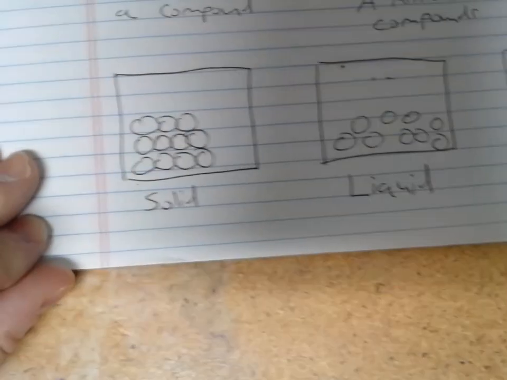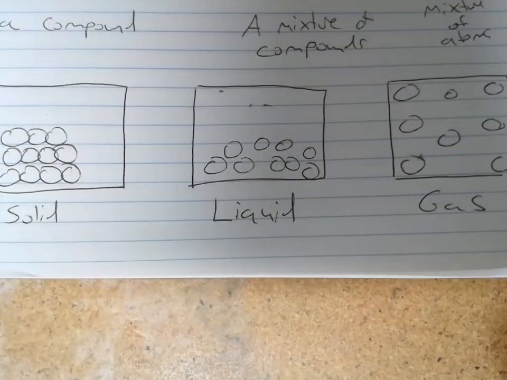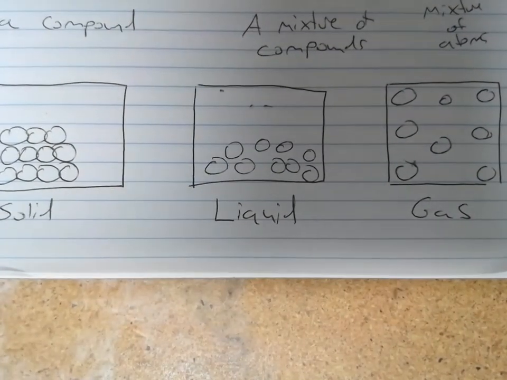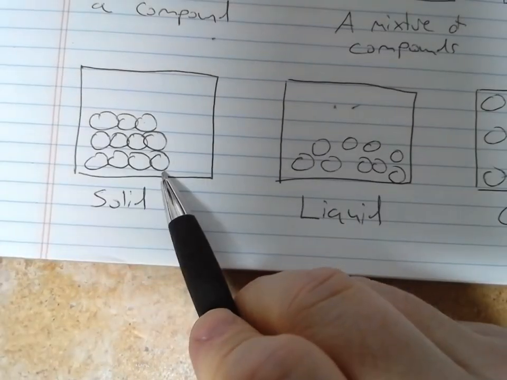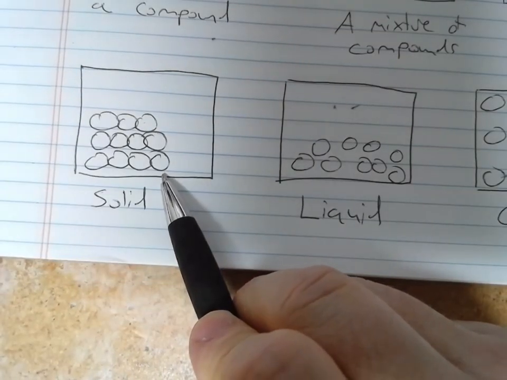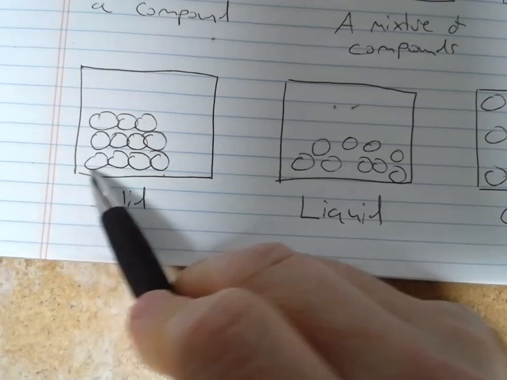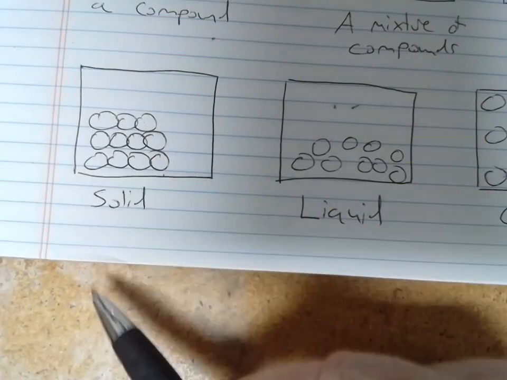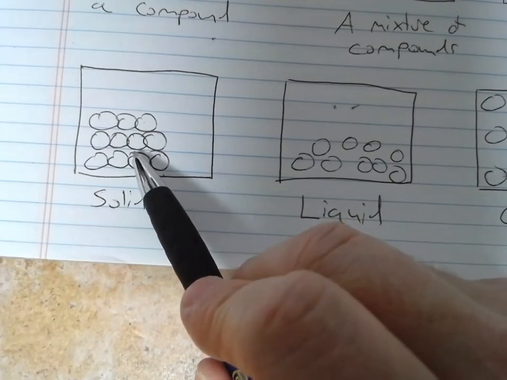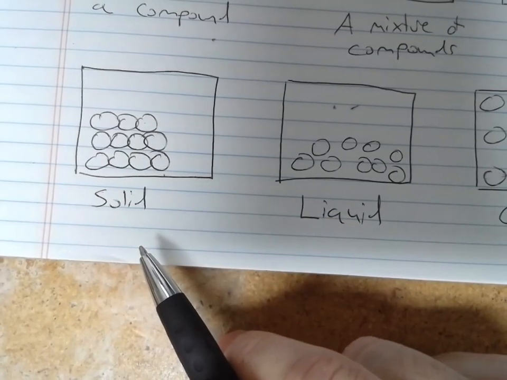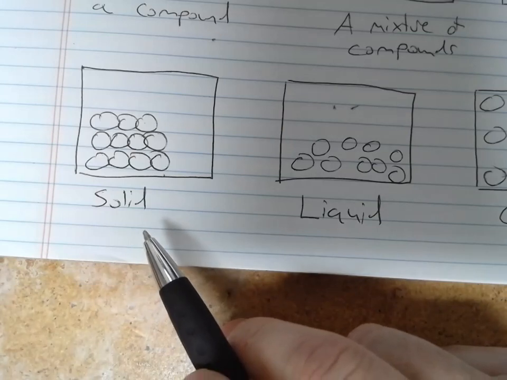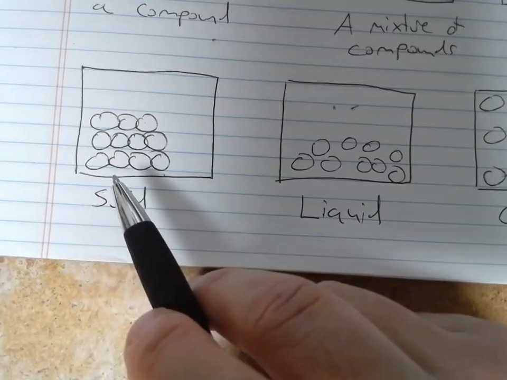Next, I want to show the same atom, but in 3 different states. First, solid. Now, how do I recognize that these atoms are in the solid phase? Well, notice that they're all packed together very tightly in some geometric pattern. They're all kind of touching each other. That's what a solid would look like, a regular geometric pattern very tightly held together. This could be any atom.